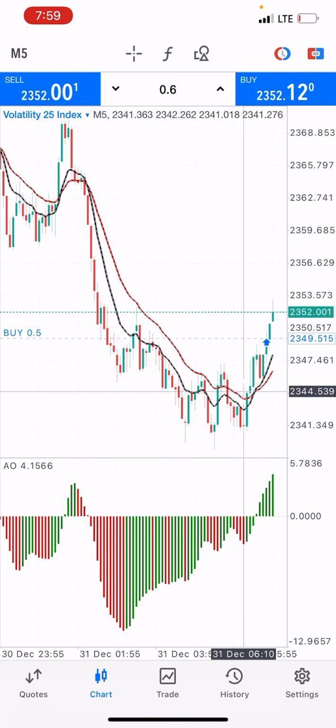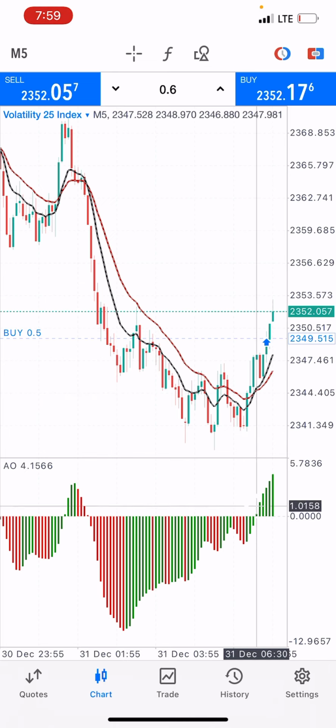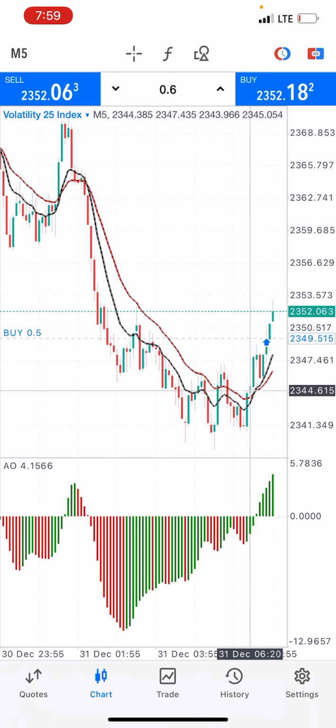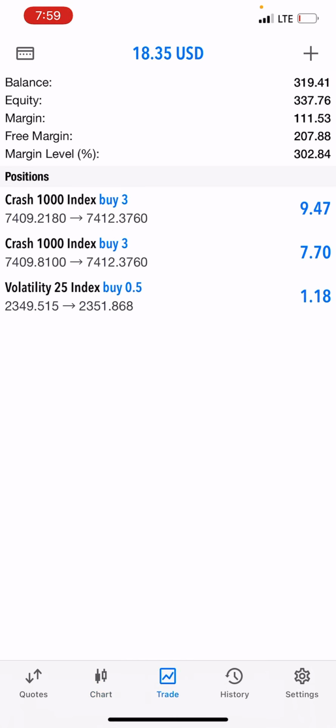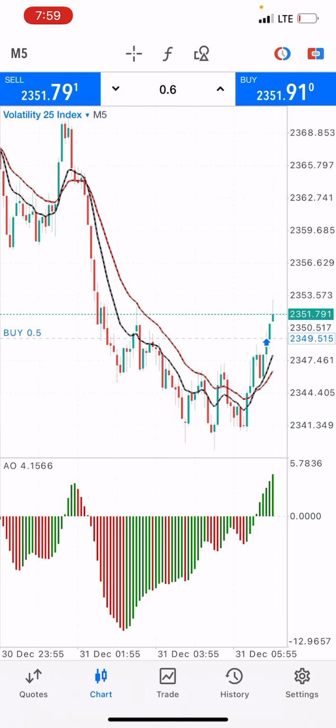This is the awesome oscillator and this is the moving average. Those are all the indicators you need for this strategy. You can see it's on profit. I'll show you now how you can use this strategy to start making money. It's a very simple strategy.